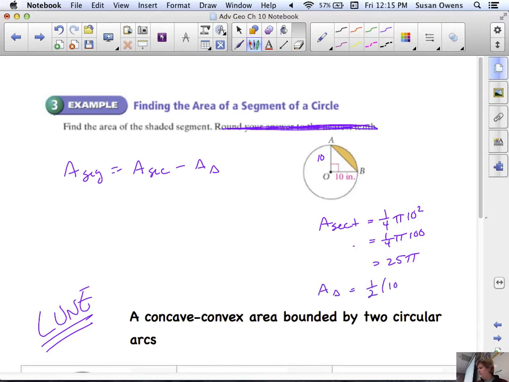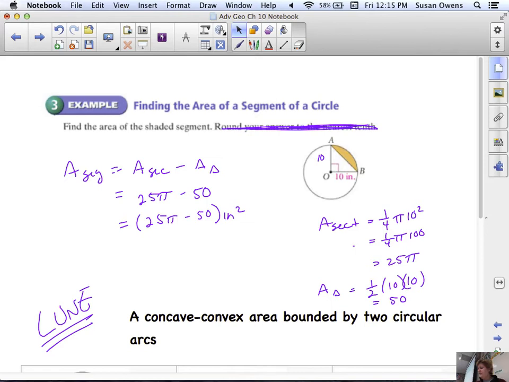So 1/2 times 10 times 10 is 1/2 of 100, or 50. So the area of the segment is 25 pi minus the area of the triangle, which is 50. That's the best we can do in terms of simplifying it. I'm going to put it in parentheses, and then put the units after it. So this is inches squared.